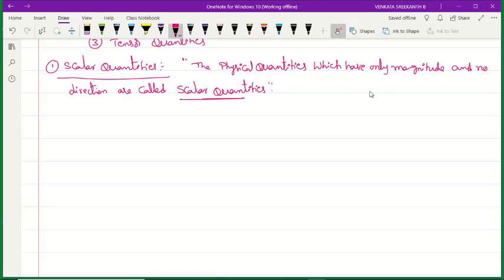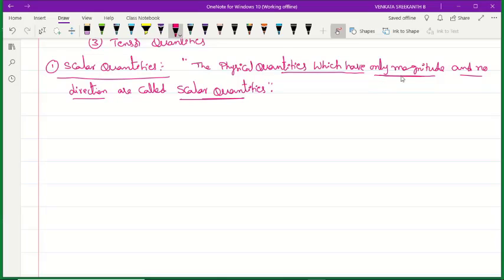This is the definition. My dear students, all of you observe once again: the physical quantities which have only magnitude and no direction are called scalar quantities. That means it is having only magnitude. There is no specific direction.